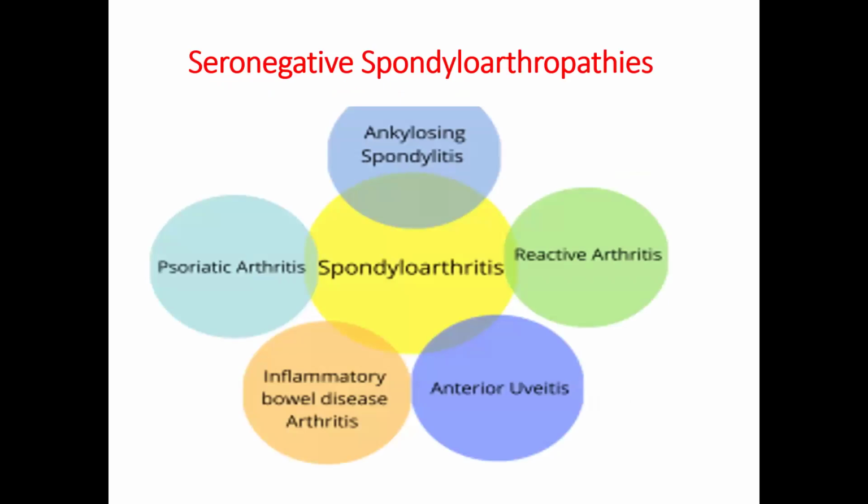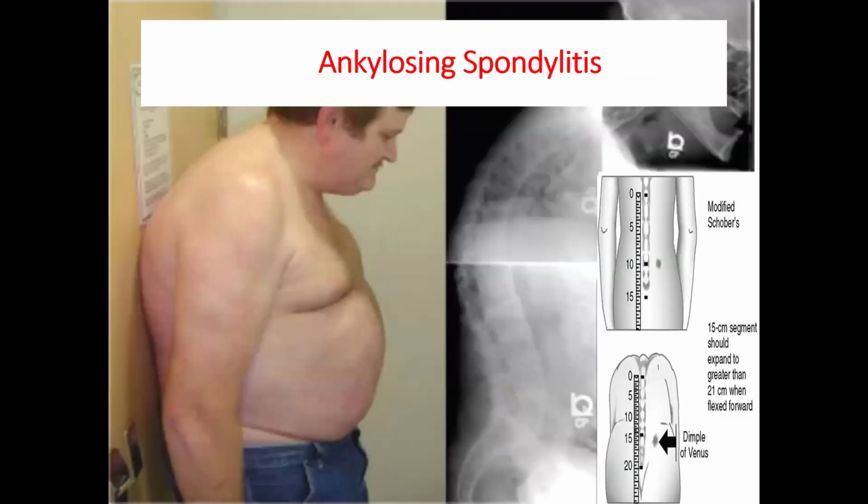Seronegative spondyloarthropathies: ankylosing spondylitis, reactive arthritis, psoriatic arthritis, inflammatory bowel disease arthritis. Ankylosing spondylitis, usually in males, characterized by stiffness in the lumbar and the rest of the spine, also sacroiliac involvement.